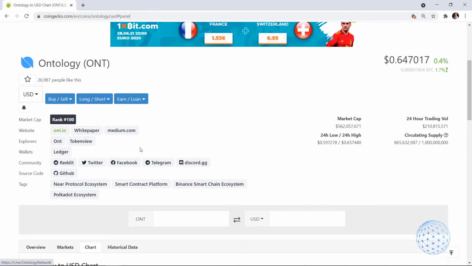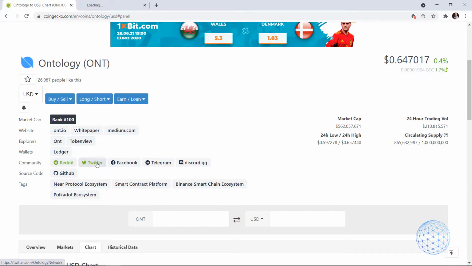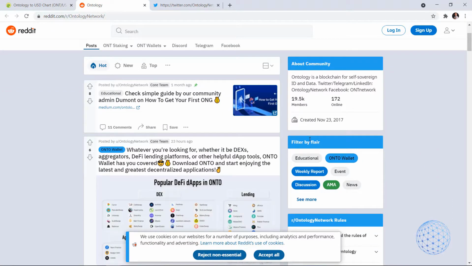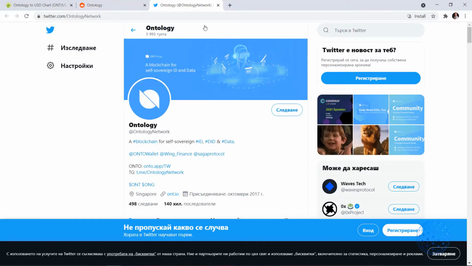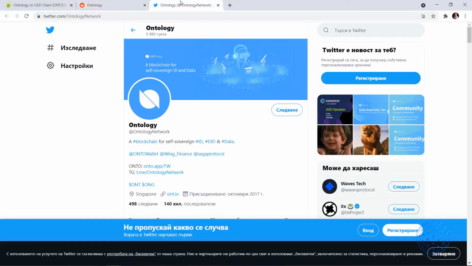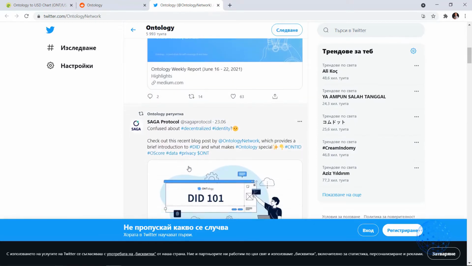And before investing into a cryptocurrency, make sure to check out the social networks such as Reddit and Twitter. We're looking to buy cryptocurrencies that have decent support on Reddit and on Twitter, minimum 10,000 followers on Reddit, and you saw that Ontology actually has almost 20,000, and on Twitter they already have above 140,000 followers, which is great as well.